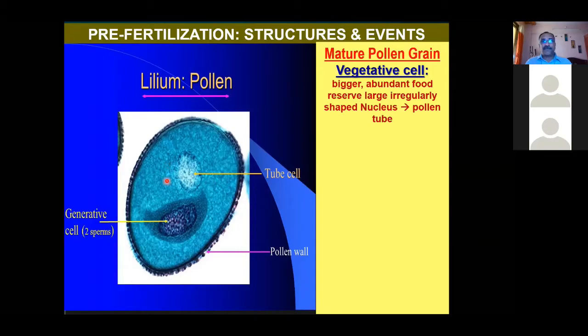In this cytoplasm, you can see that food materials are there. A large amount of reserve food materials, abundant reserve food materials are there.